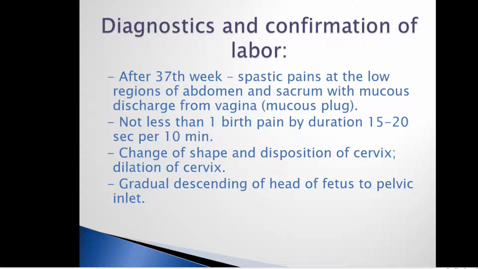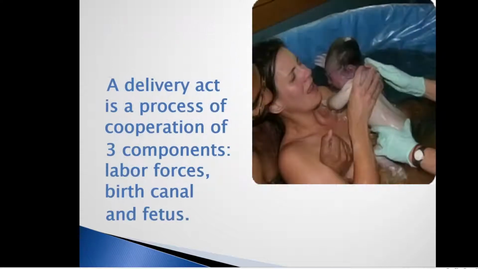Not less than one birth pain of 15 to 20 seconds duration per 10 minutes. Change of shape and disposition of the cervix, dilation of the cervix, and gradual descending of the fetal head to the pelvic inlet.